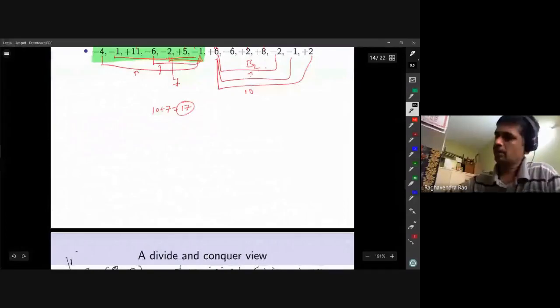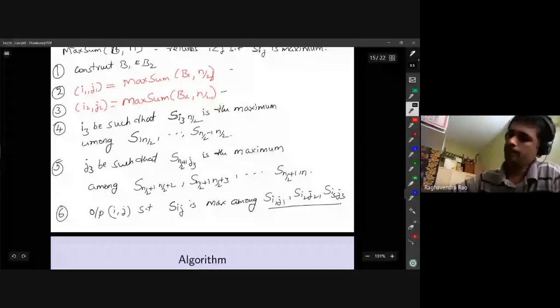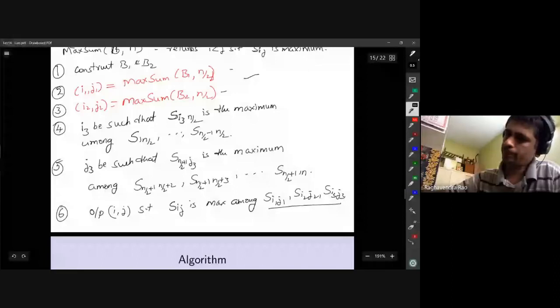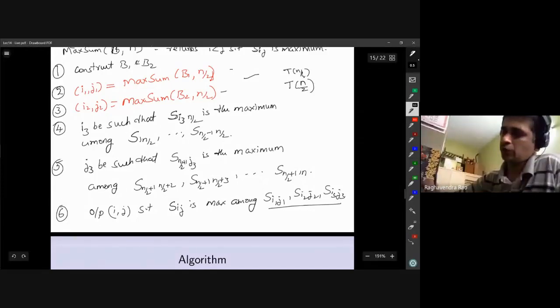What is the running time for this recursive call? T of n by 2. And for this recursive call, T of n by 2.